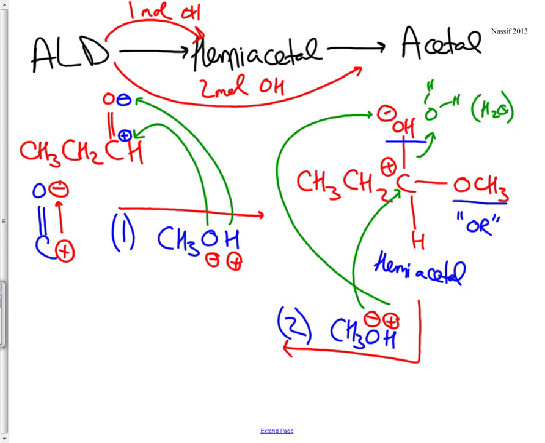H2O. When H2O is made, it's just going to leave the molecule, and this second group is going to come in and attach to that central carbon. So when that happens, our final product looks like this. And this is our full acetal.